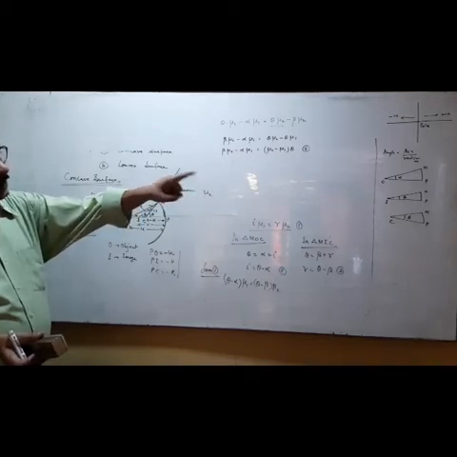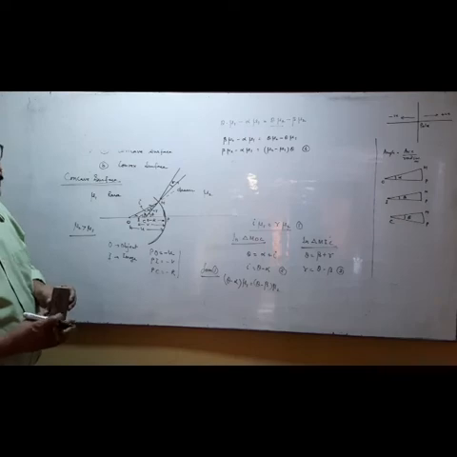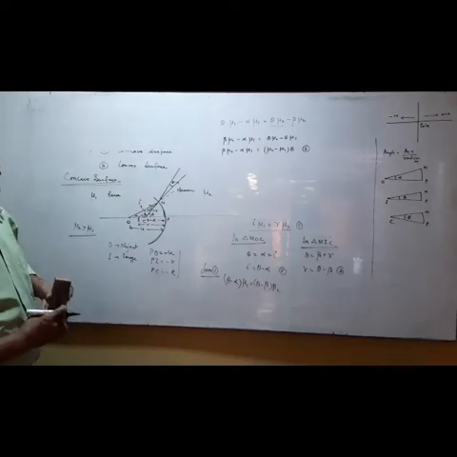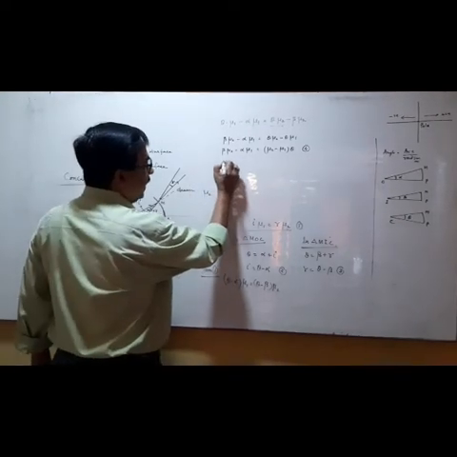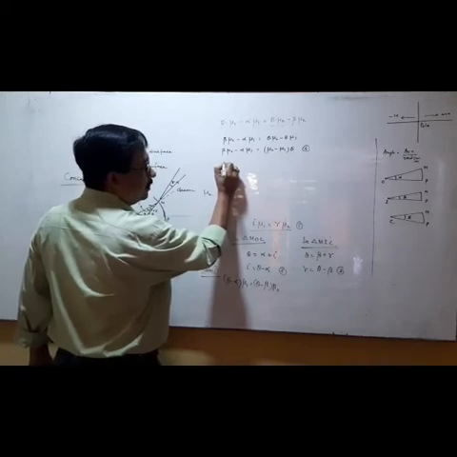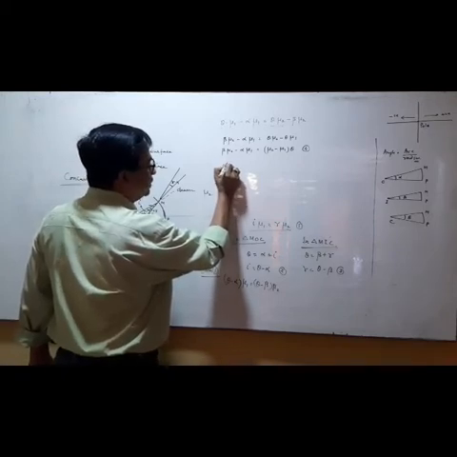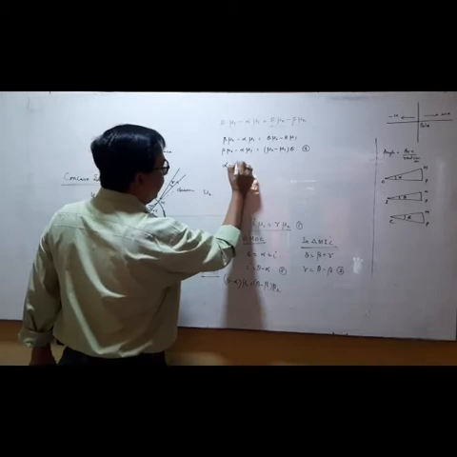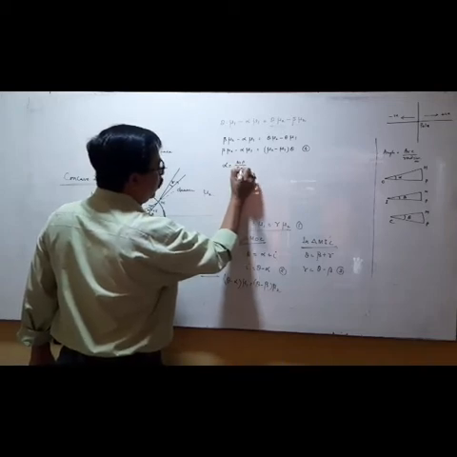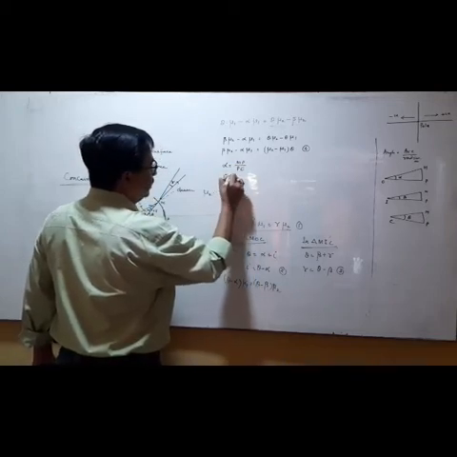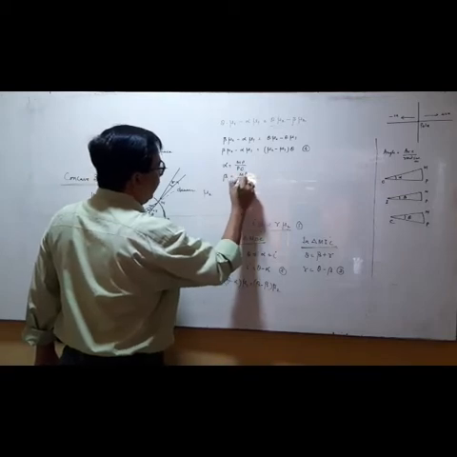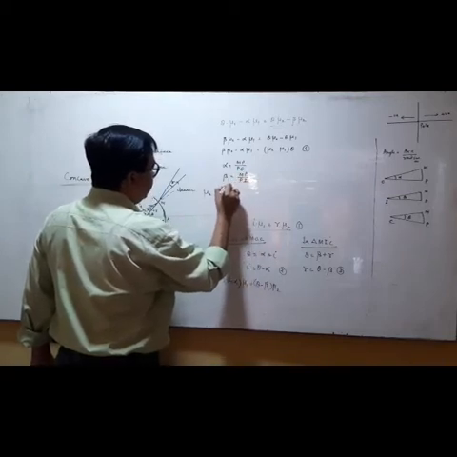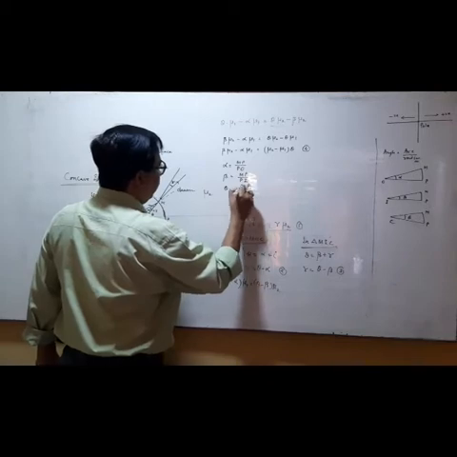We can apply the formula angle equal to arc by radius for these three arcs. So alpha is equal to MP by PO, beta is equal to MP by PI, and theta is equal to MP by PC.